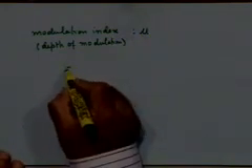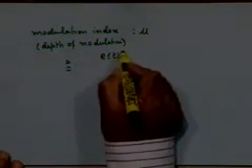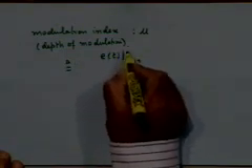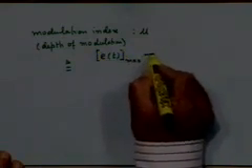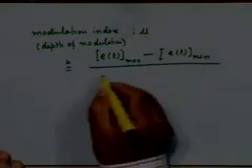So, we will denote this parameter by mu, and it will be defined as follows: the maximum value of the envelope minus the minimum value of the envelope divided by the sum of the two.